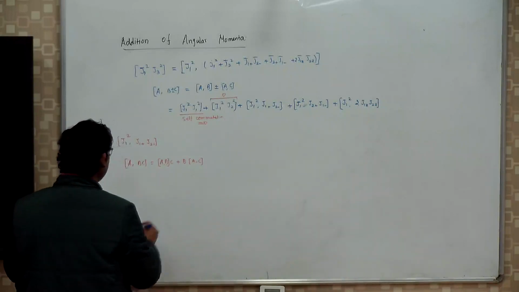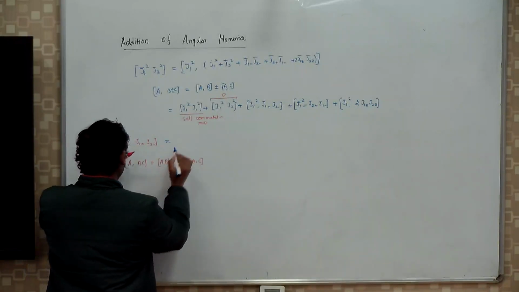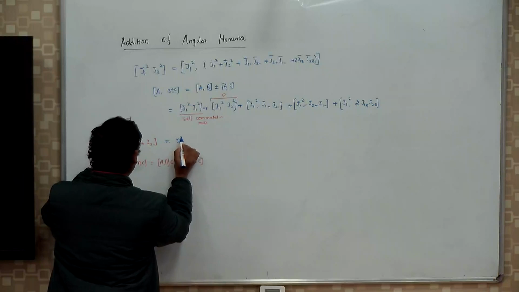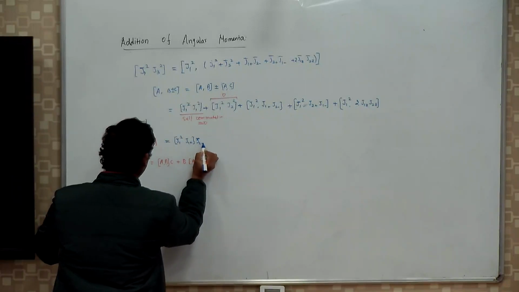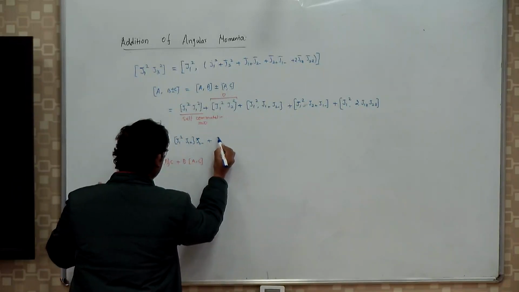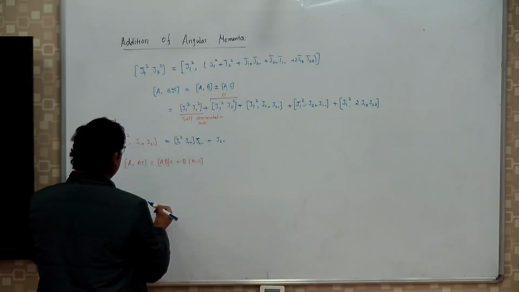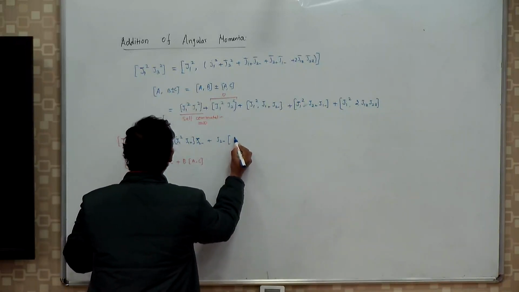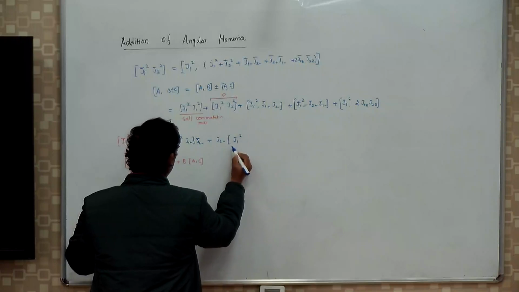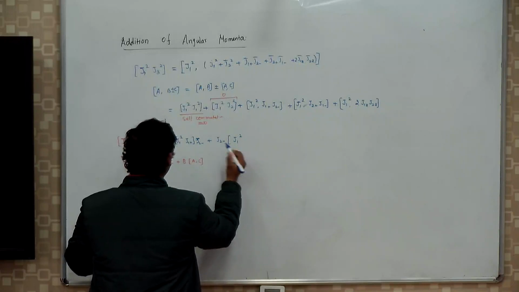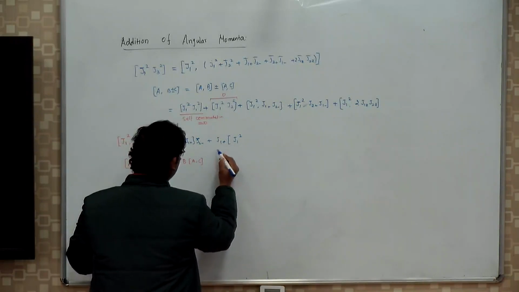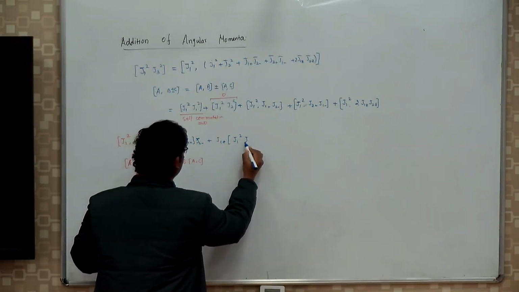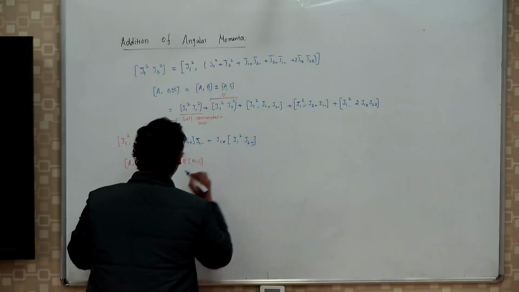By using this identity, we can write J1 squared commute with J1 plus, keeping J2 minus, and plus J2 minus, keeping J1 plus, J1 squared commute with J2 minus.